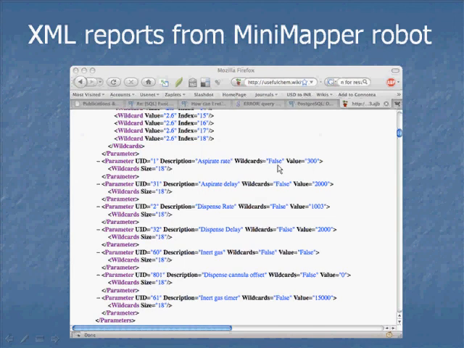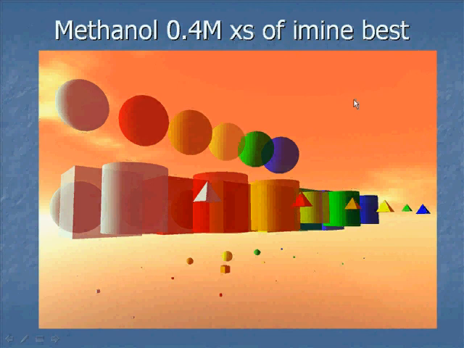And the other nice thing about using a robot, of course, is that it automatically records the log, right? Unfailingly, it will record exactly what it did at what point in time. And so we can get these XML files to dig in if something didn't go right. But the bottom line is that we were able to do this optimization of this reaction.